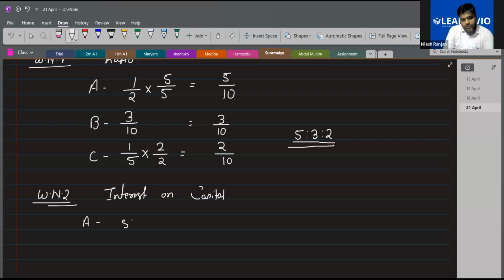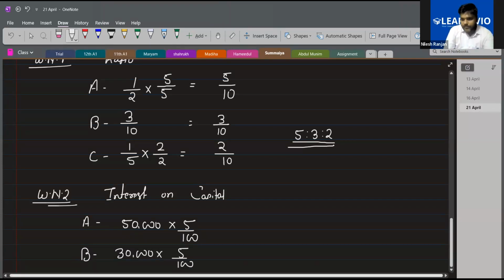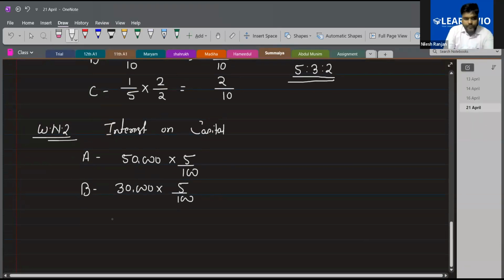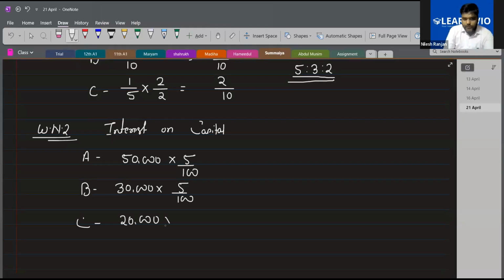A, 50,000 into 5/100. B, 30,000 into 5/100. And C, it is 20,000 into 5/100.